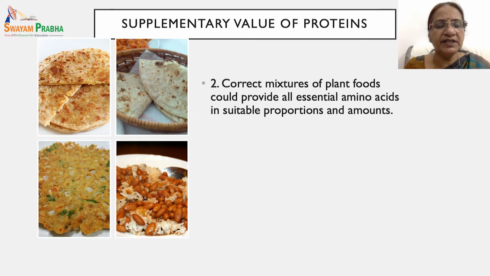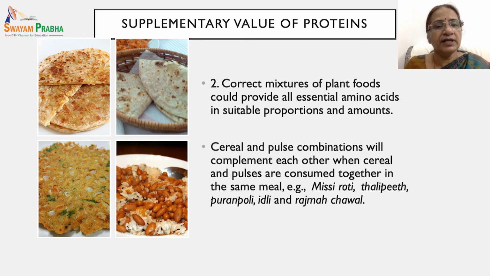Now the second method is that correct mixtures of plant foods could provide all essential amino acids in suitable proportions and amounts. Like cereal and pulse combinations will complement each other when cereal and pulses are consumed together in the same meal. For example, missi roti, thali peeth, puran puri, idli and rajma chawal.